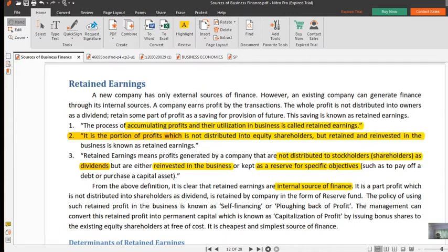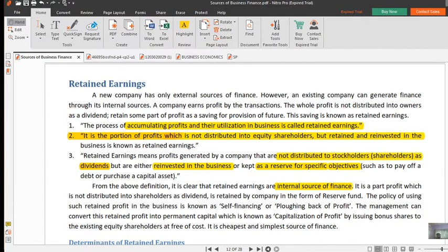Retained earning means profit generated by a company that is not distributed to stockholders or shareholders as a dividend but reinvested in the business or kept aside as a reserve for specific objectives such as to pay debt or to buy certain capital assets.